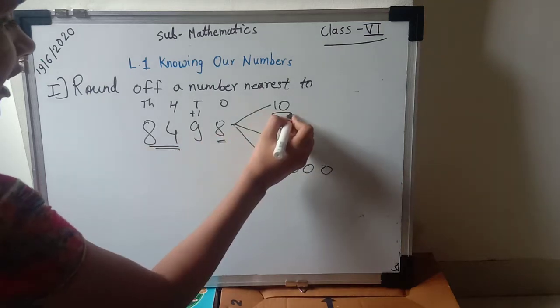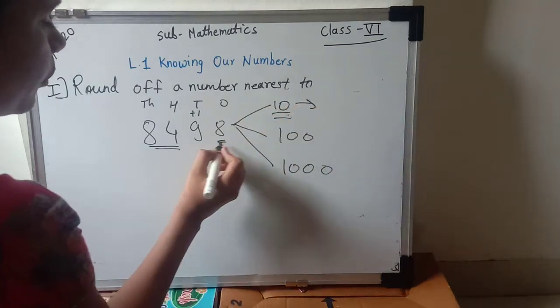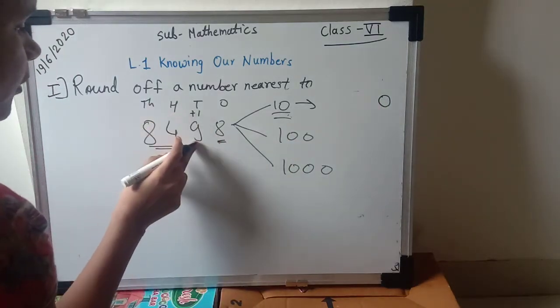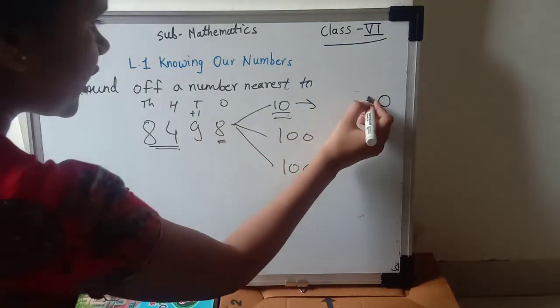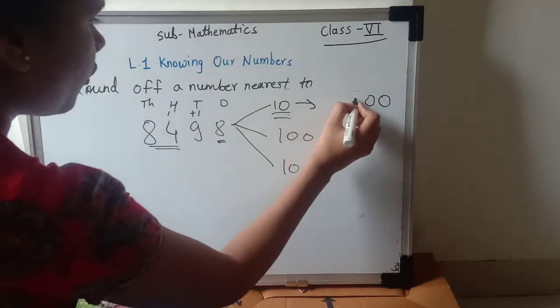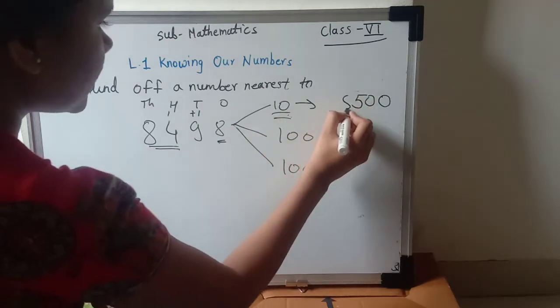So here, rounding the number nearest to 10, we replace the ones digit by 0 and increase the tens digit by 1: 9 plus 1 is equal to 10, carry one over, so 4 plus 1 is equal to 5, and write the 8 as it is.